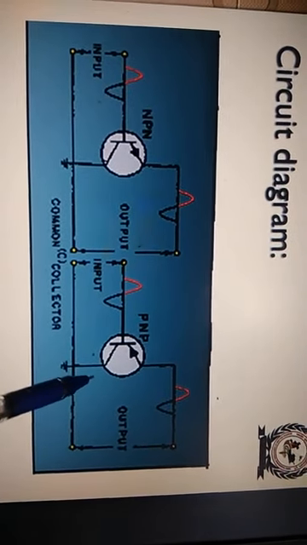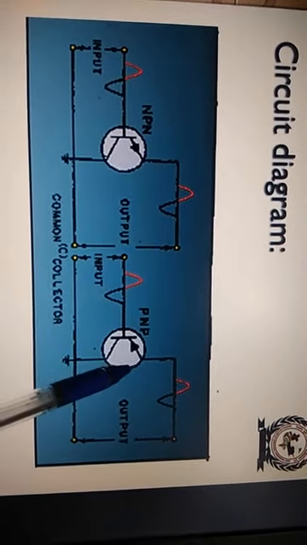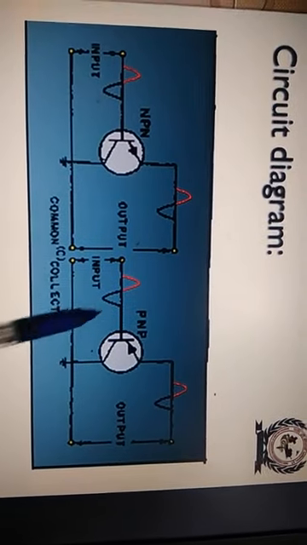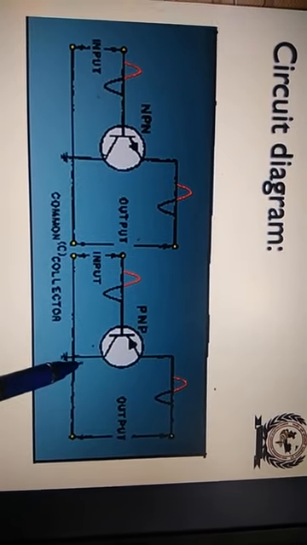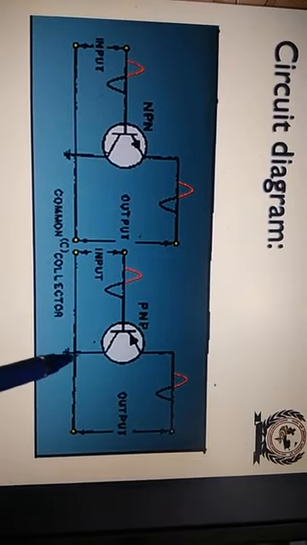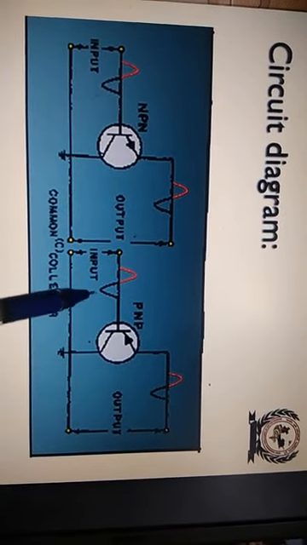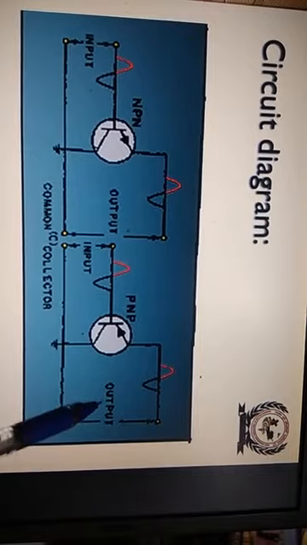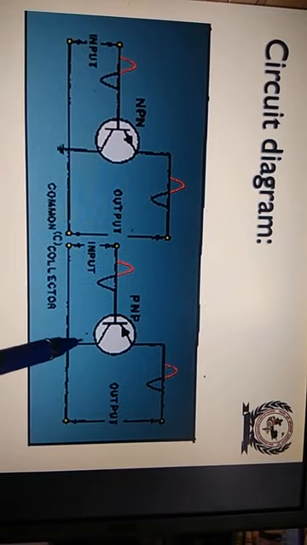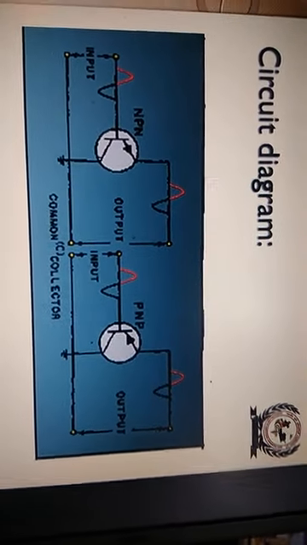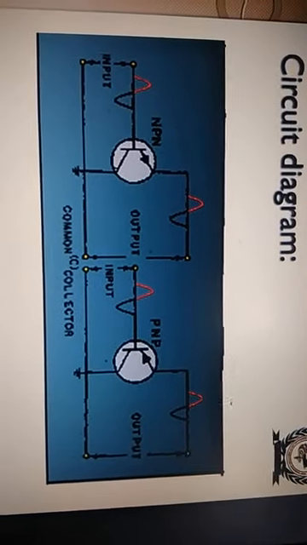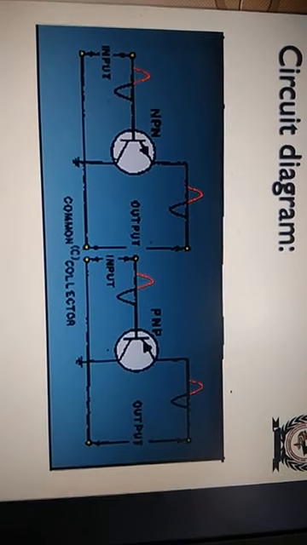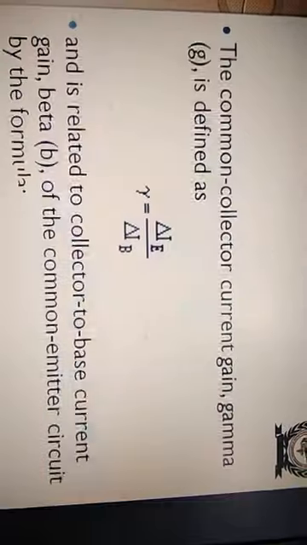Similarly, this is for PNP transistor. This is P-type emitter, N-type base and P-type collector. This collector again here is grounded between this input and output. It is common. So this is called as common collector configuration. These are the diagrams of the common collector configuration.